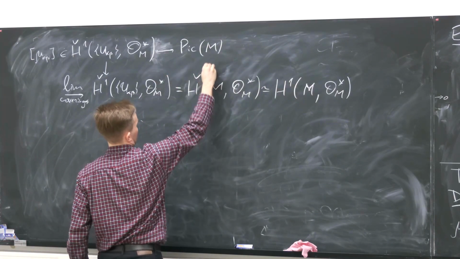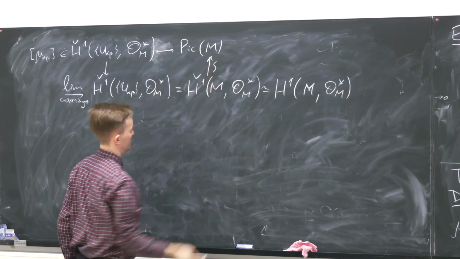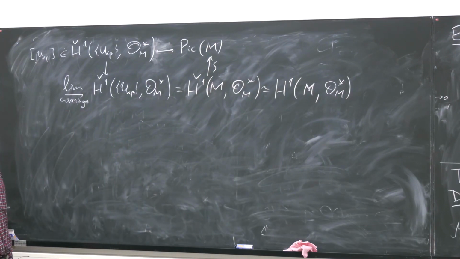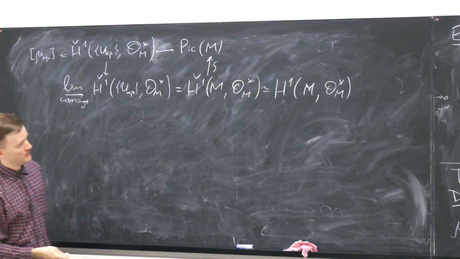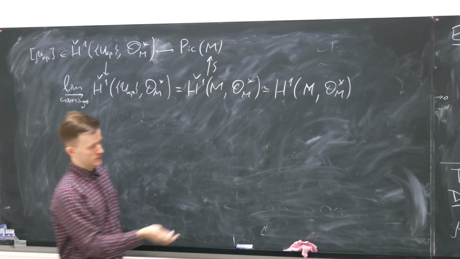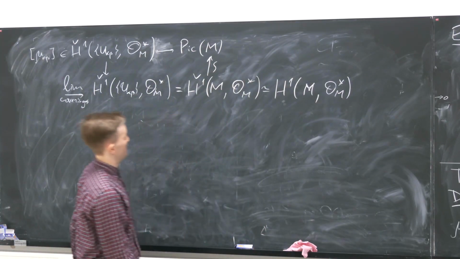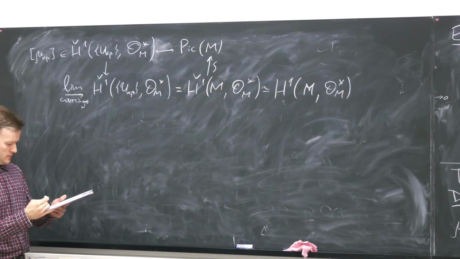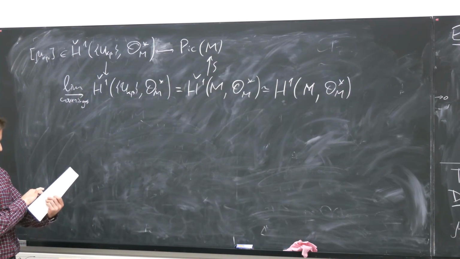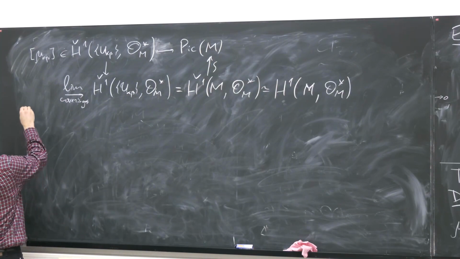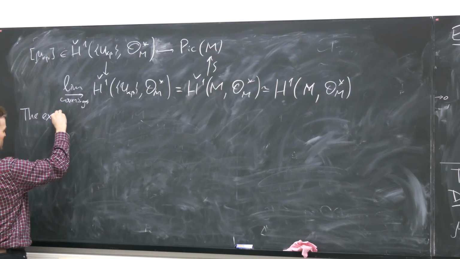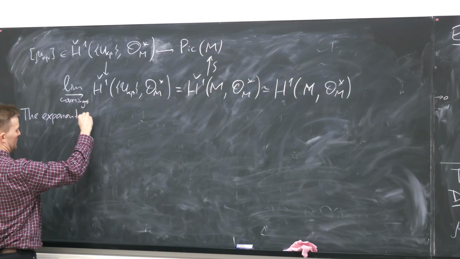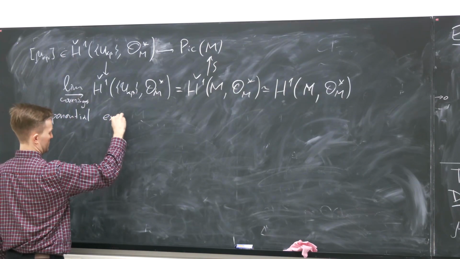Of course, by the universal property we have this map, and you can prove that this will be an isomorphism. So my Picard group is just identified with this cohomology group, the sheaf cohomology of the sheaf O_M star. And what we will actually use all the time is the exponential exact sequence.